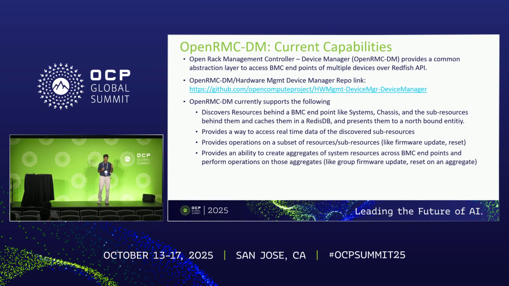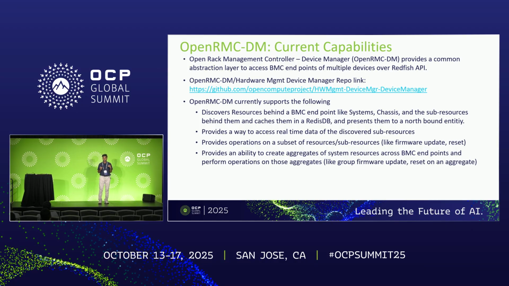That is its context. What it does is, first, you can onboard a bunch of BMC elements onto OpenRMC DM. And for each BMC, it discovers the entities behind the BMC endpoints like system, chassis, and the sub-resources behind them, and it caches all of them in a Redfish database.